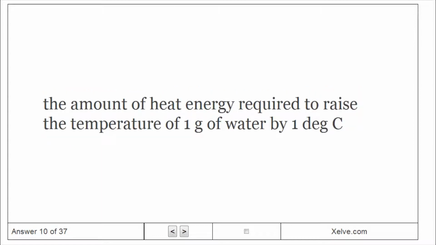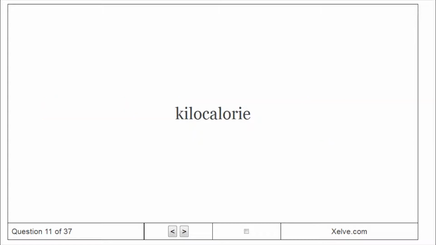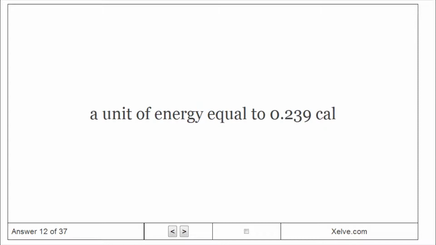The amount of heat energy required to raise the temperature of 1 gram of water by 1 °C. Kilocalorie. 1000 calories. Joule. A unit of energy equal to 0.239 cal.